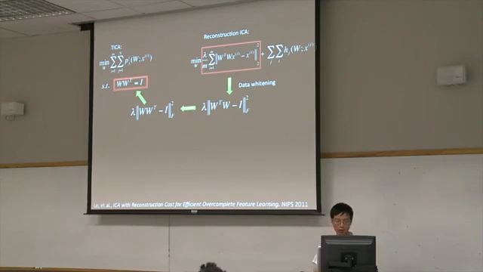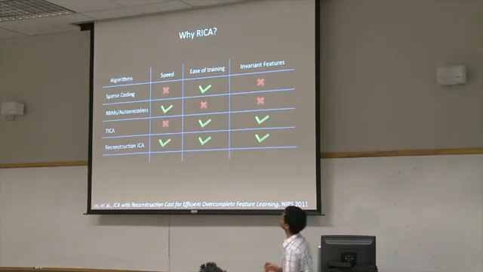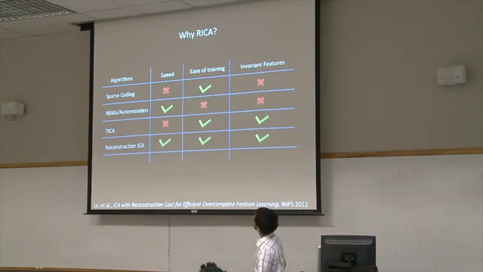Okay, so why do we use RICA even though there is a lot of connection between these algorithms? At Stanford, we work on a lot of these algorithms, and we discovered that some of these algorithms have different weaknesses.